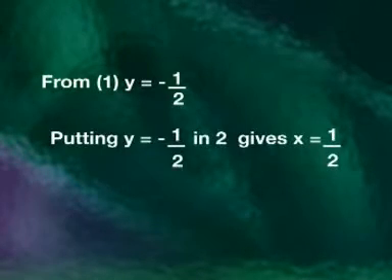From 1, y will be equal to negative half. Putting y equals negative half in 2 gives x equals half. Now from A, T equals K L raised to the power x, and g to the power y.